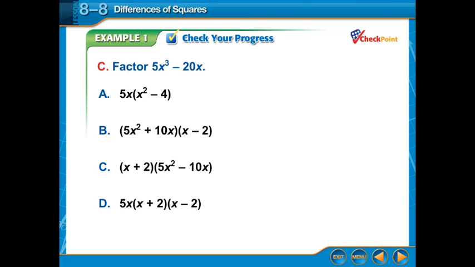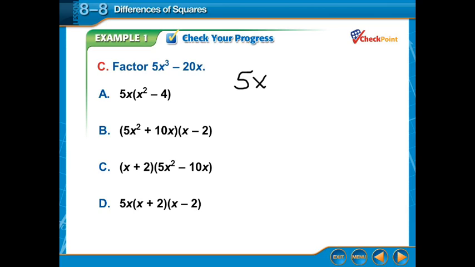Alright, let's factor 5x cubed minus 20x. Let's first look at it to see if we can factor out something that's in common. And when I have a cubed and I want the difference of two squares, then sometimes I need to look at it real close to make sure I'm factoring out what they have in common. So I'm going to factor out a 5x.